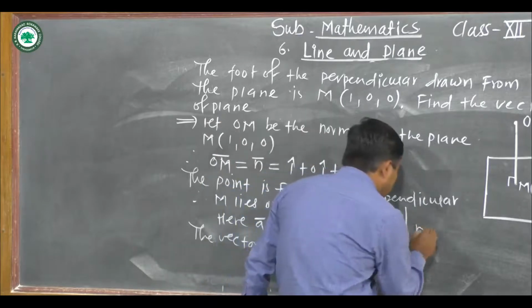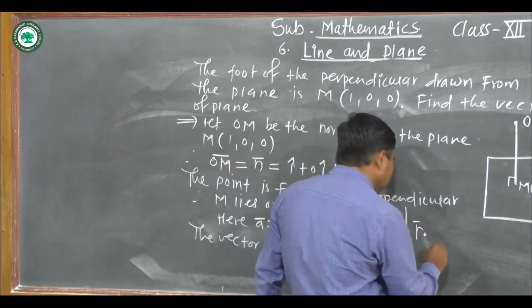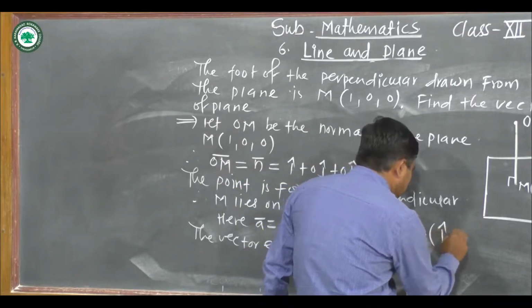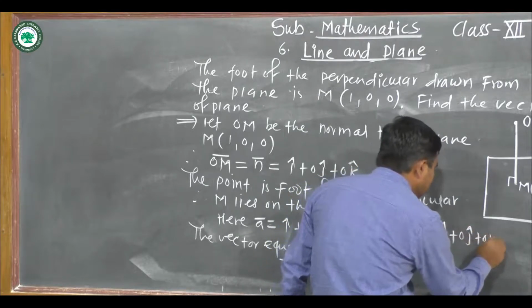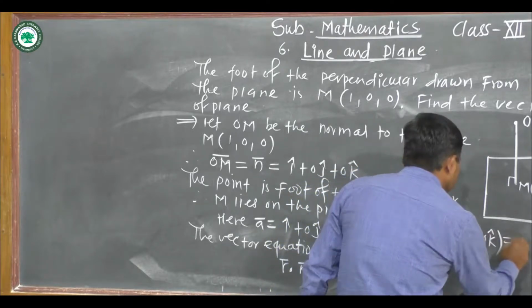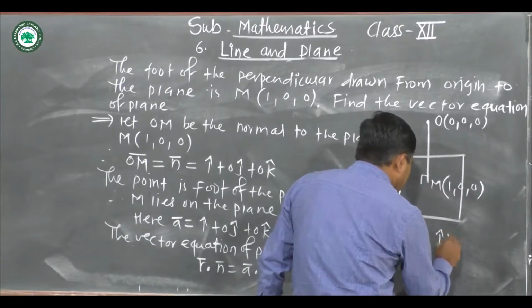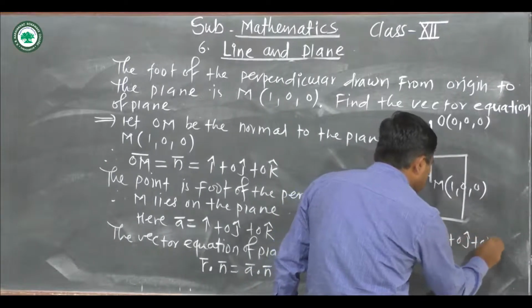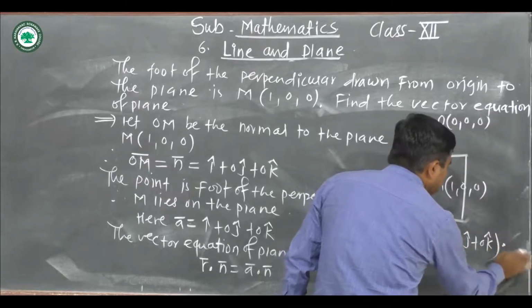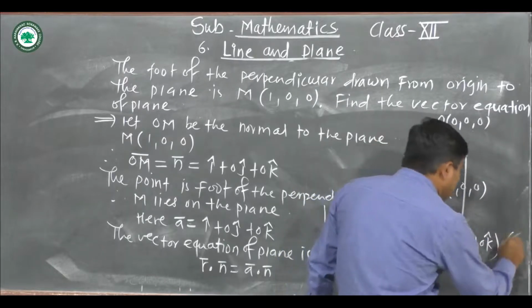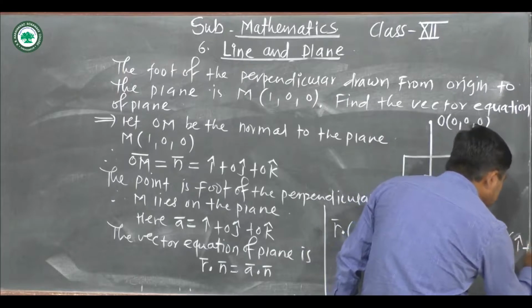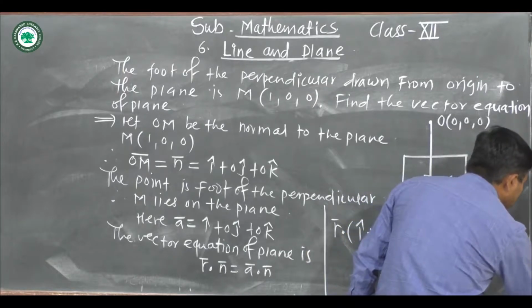So it is R bar dot I cap plus 0 J cap plus 0 K cap is equal to A bar, that is I cap plus 0 J cap plus 0 K cap, its dot with N bar. N bar is again I cap plus 0 J cap plus 0 K cap.